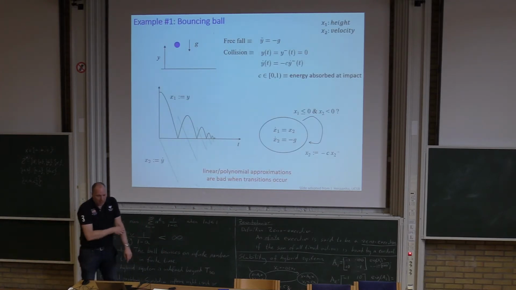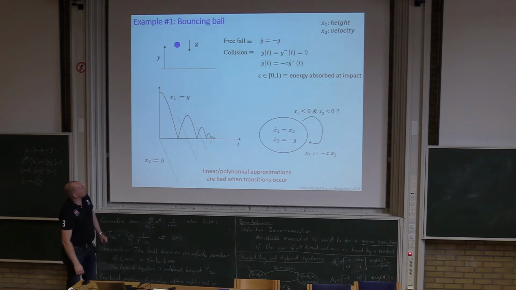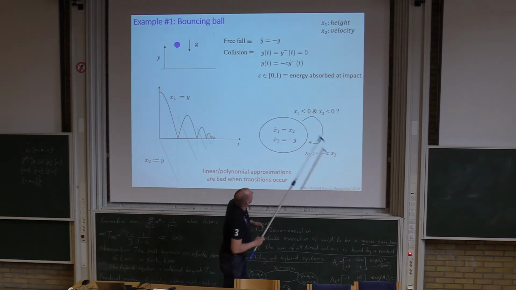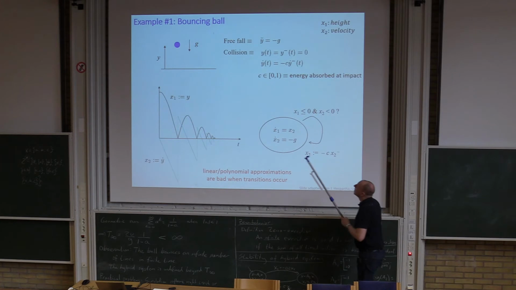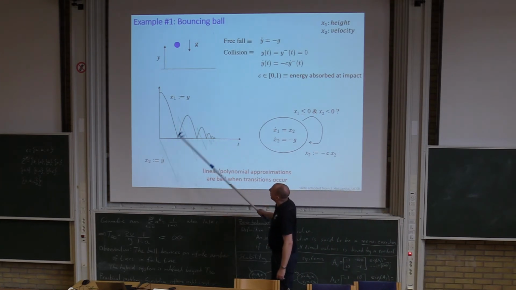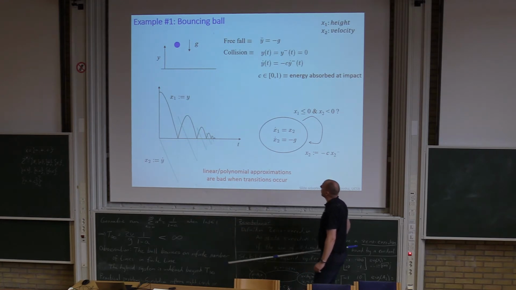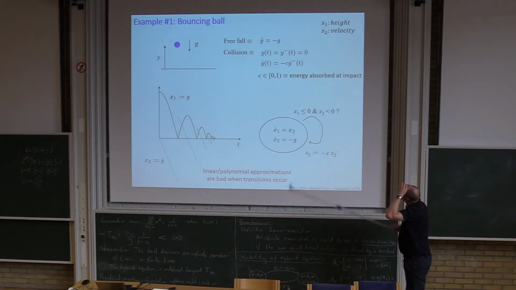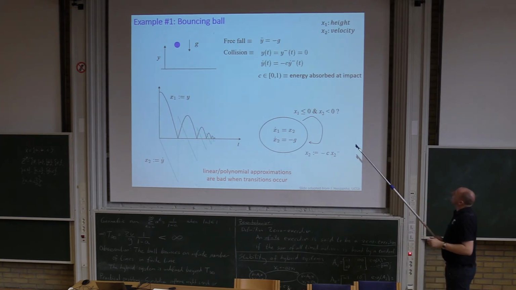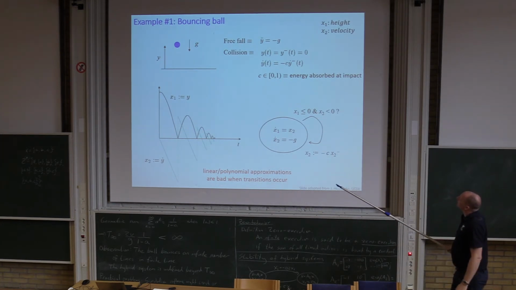So, coming back to the bouncing ball example. This is basically what we saw here, just that the notation is slightly different. y is the height, and y dot is the velocity, and c instead of a describes how much velocity is lost every time.